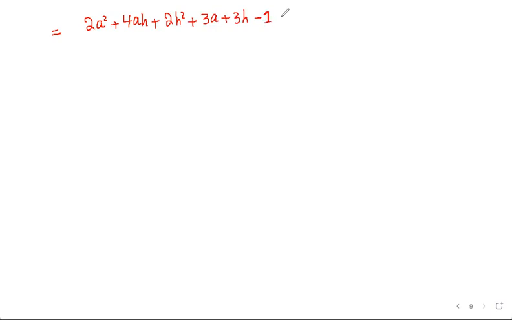And I distribute the minus inside the parentheses, I get minus 2a squared minus 3a plus 1, everything over h.